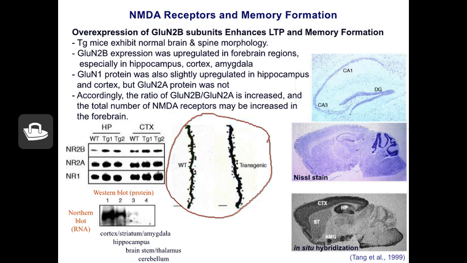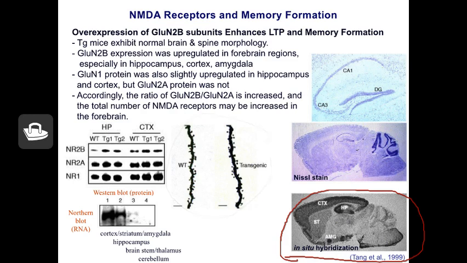But using in situ hybridization, they could tell that expression of the GluN2B subunits was upregulated in the forebrain, perhaps especially in the hippocampus, cortex, and amygdala, shown in this figure at the bottom right.